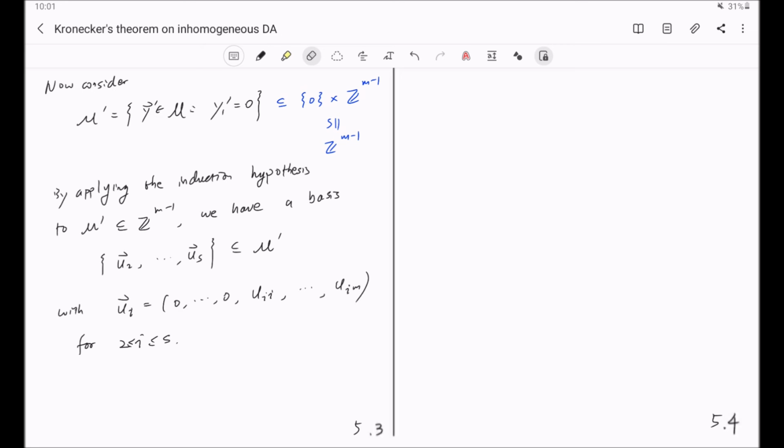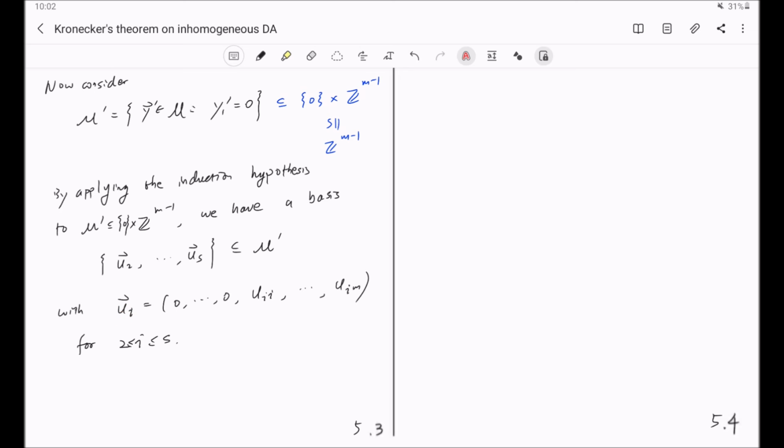So strictly speaking, we consider M prime as a subset of 0 cross Z^(m-1), so that there are really m components instead of m minus 1 components for u sub i.